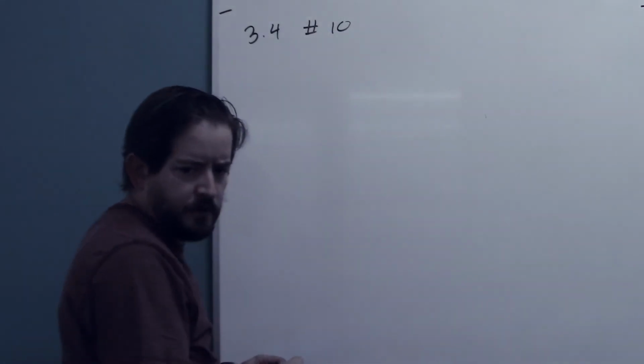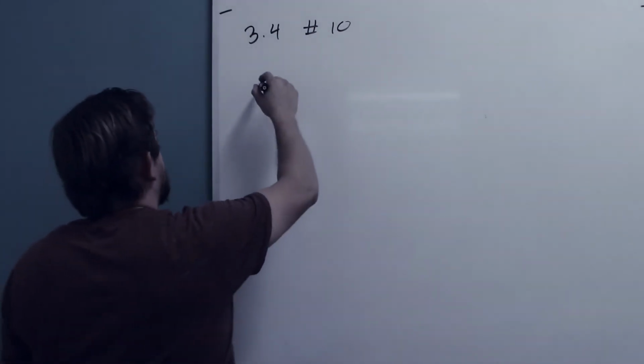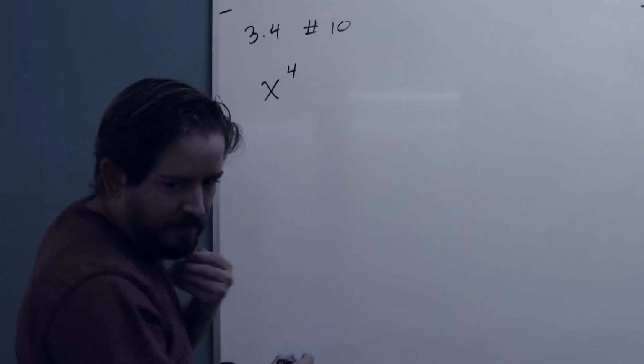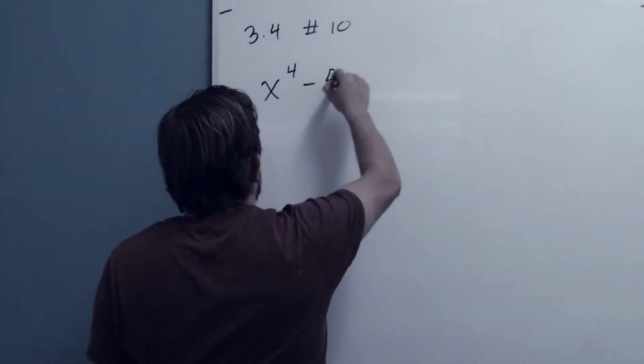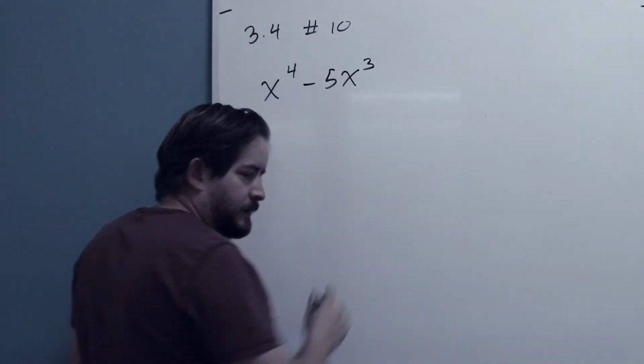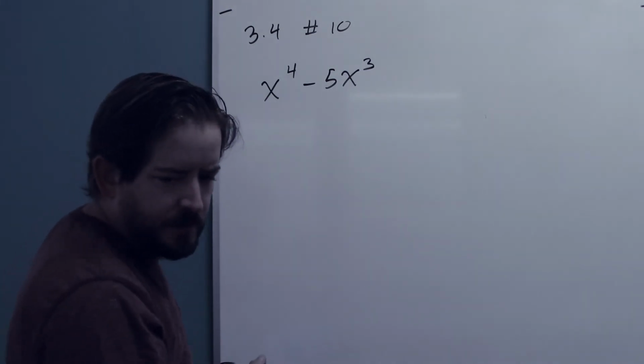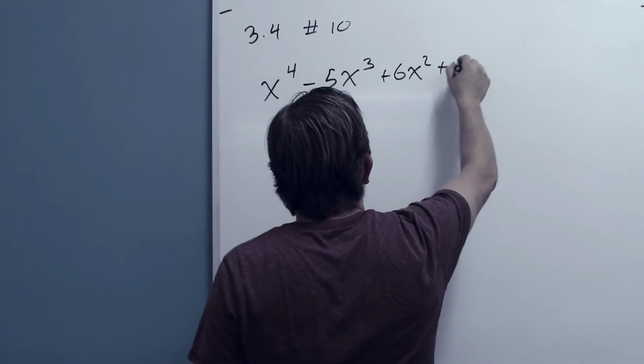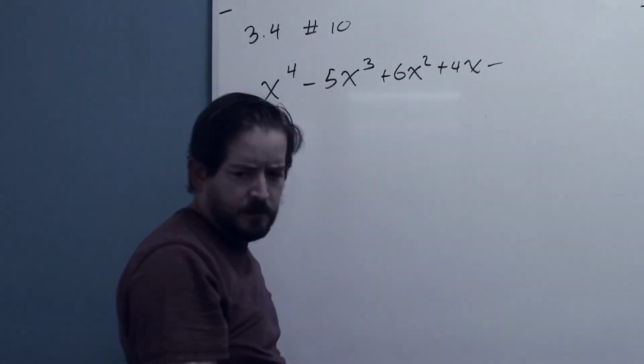We have x to the 4th minus 5x to the 3rd plus 6x squared plus 4x minus 8.